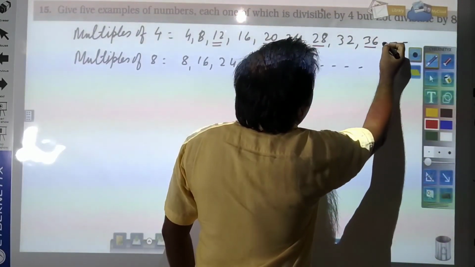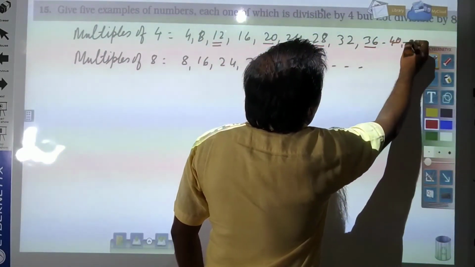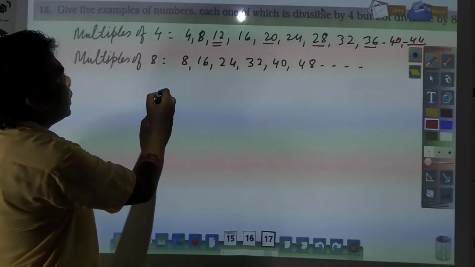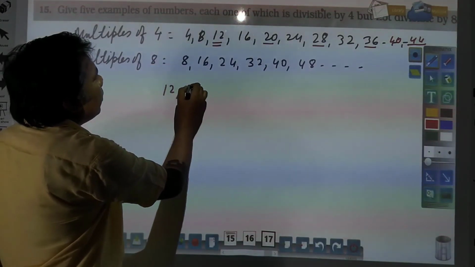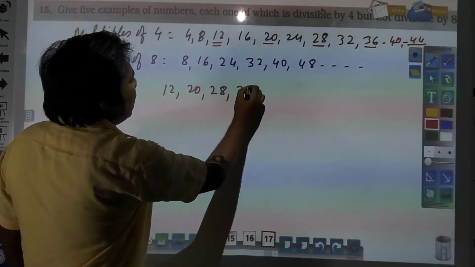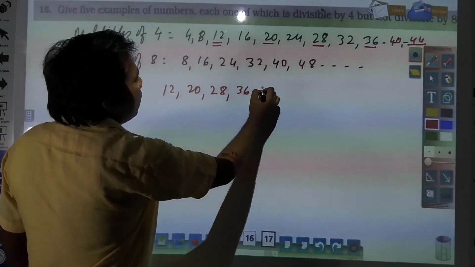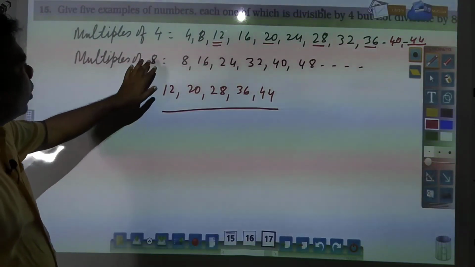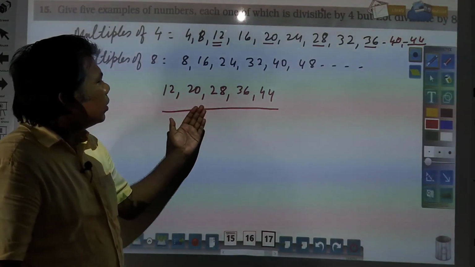Then the next multiples are 40 and 44. So 44 will not be divisible by 8. So your answer may be 12, 20, 28, 36 and 44. These numbers are divisible by 4 but not by 8, and this will be your answer.